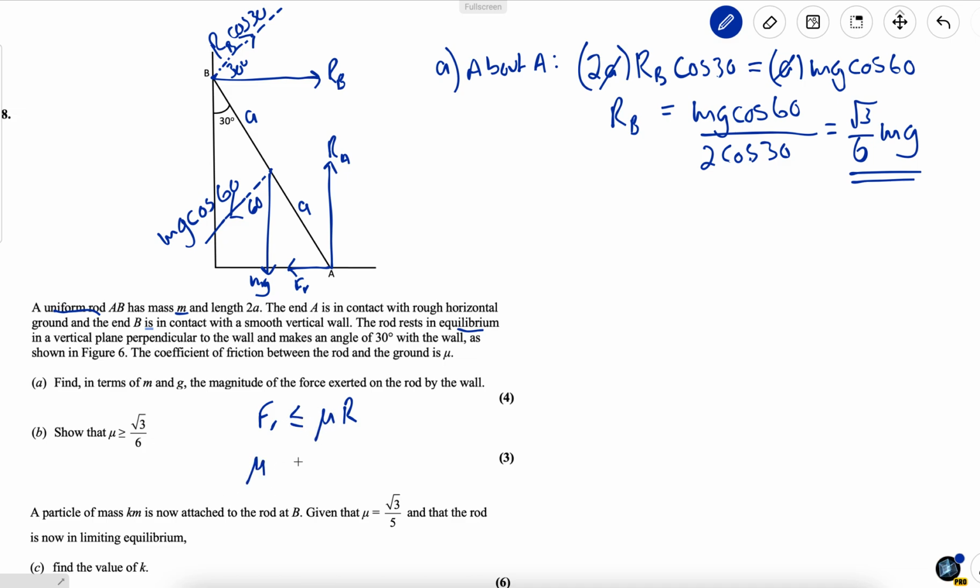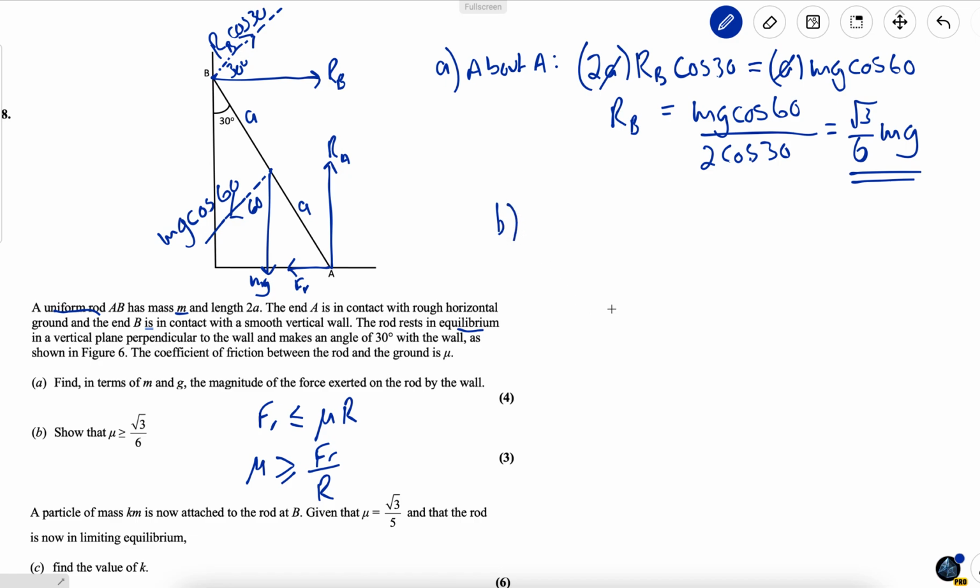The greater end of the arrow is towards the mu, so dividing both sides by R, I have this equation. So now I just need to find friction and reaction here, so this reaction and this friction.